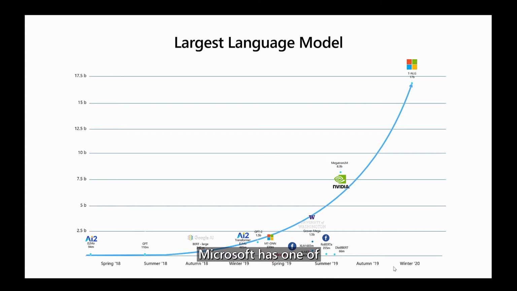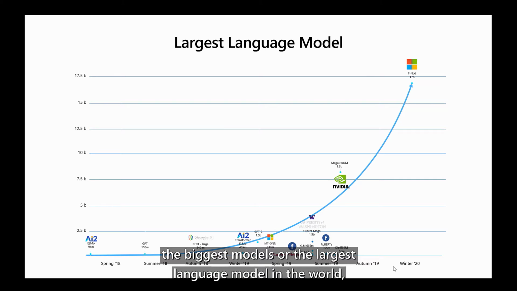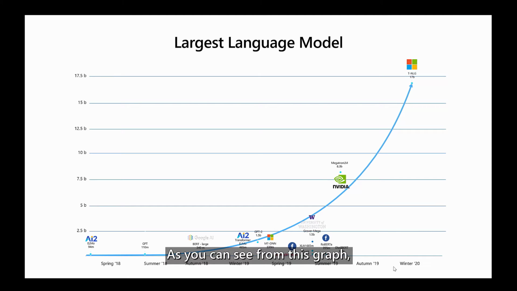So Microsoft has one of the biggest models, or the largest language model in the world, and it has 17 billion parameters. As you can see from this graph, in just the past 2 years, the number of parameters in these AI models has grown exponentially.